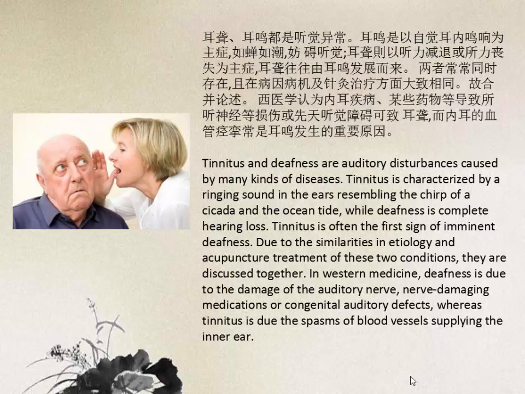Tinnitus, deafness, various types of auditory problems. Everybody knows what tinnitus and deafness are from a definition perspective, right? Causes and pathogenesis. The first type is basically the 8 principles diagnosis, internal or external.